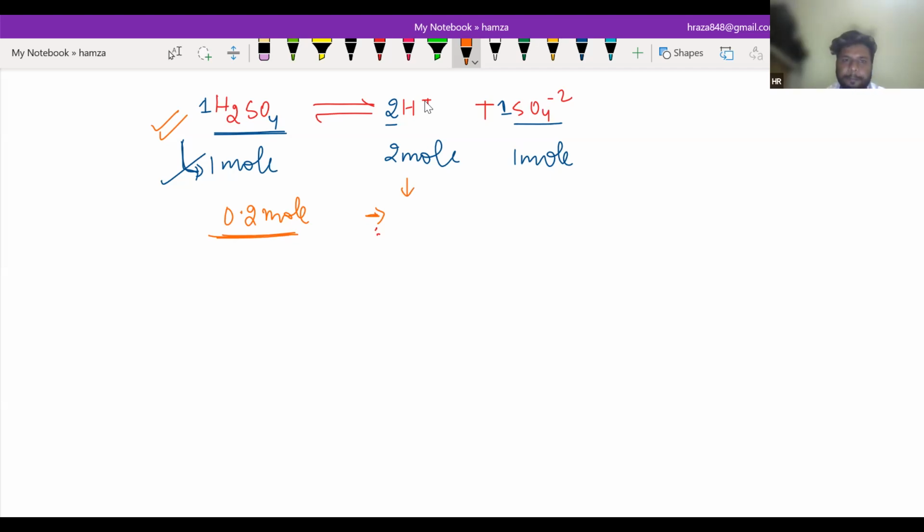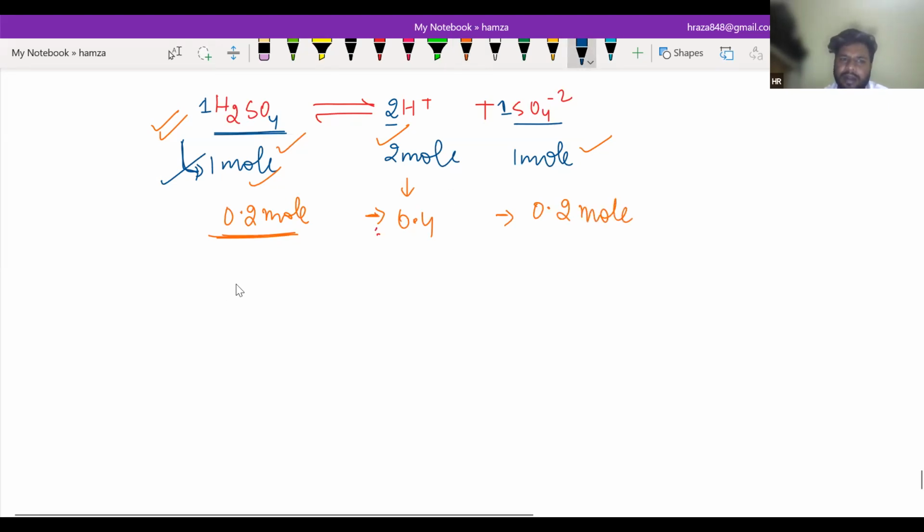Let me know. 0.2 plus 0.2. You can see 1 is giving 2 moles, so 0.2 will give 0.4. Again, what will be the moles of SO4 2 minus formed? Since 1 is giving 1, so 0.2 is giving 0.2 mole.